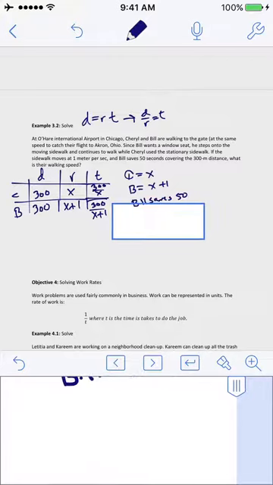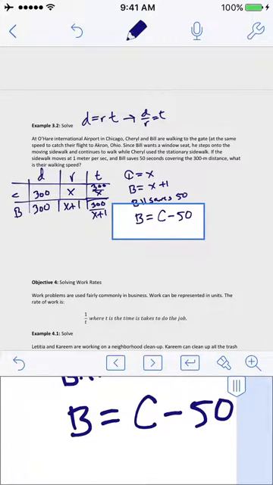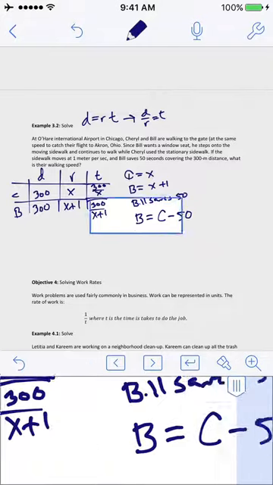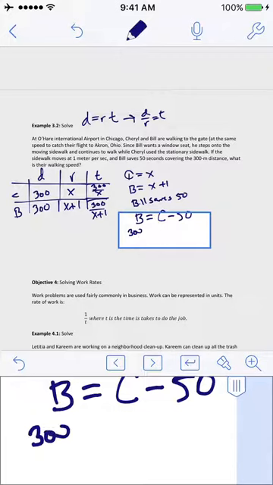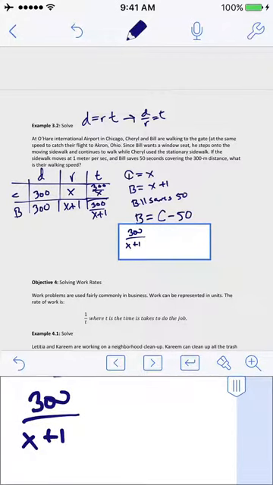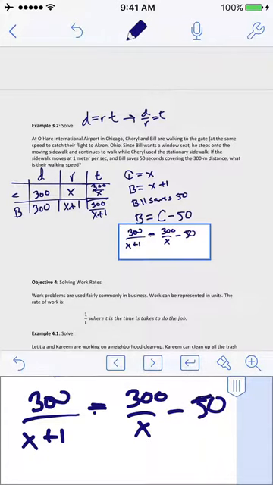Now we do know Bill saved 50 seconds, so his time would be Cheryl's time take away 50 seconds. I know Bill was 300 over x plus 1, and I know Cheryl was 300 over x minus the 50 seconds. And we have our equation.